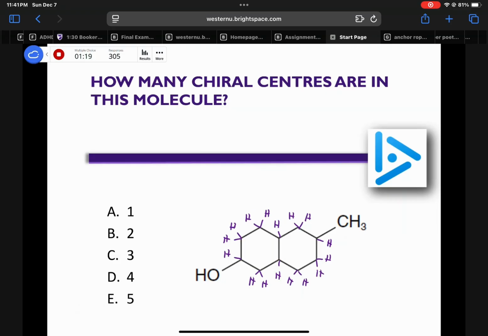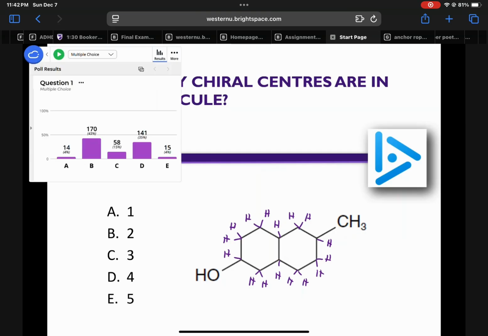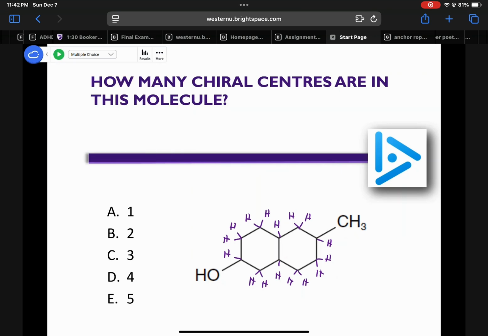And 10 more seconds. And 3, 2, and 1. Okay, so we're split between 2 and 4, and the correct answer is actually 4.